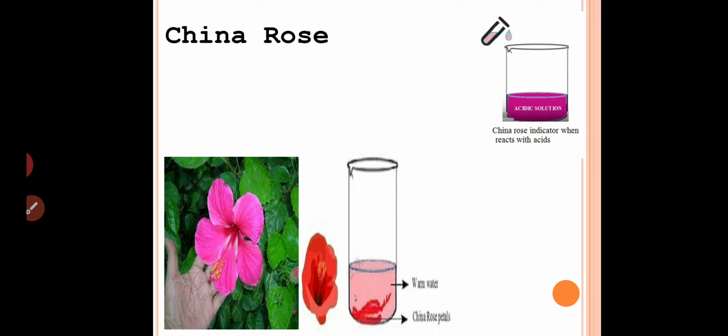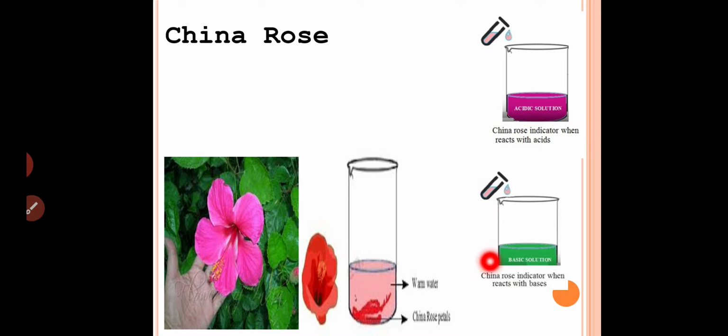So China rose indicator, when it reacts with acids, turns dark pink. This liquid we can use as an indicator and it will turn a dark pink color when it reacts with acids.